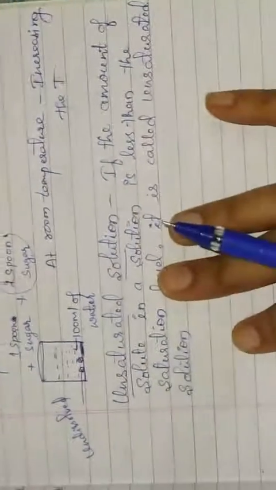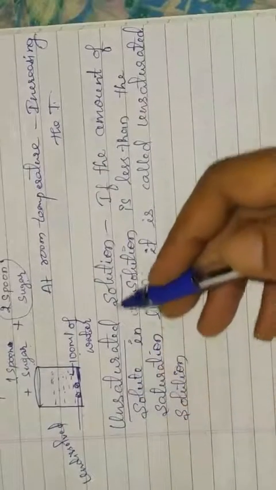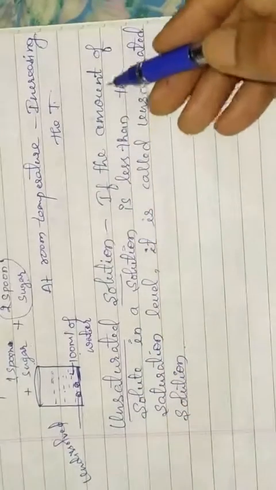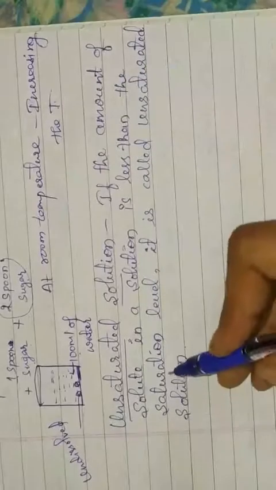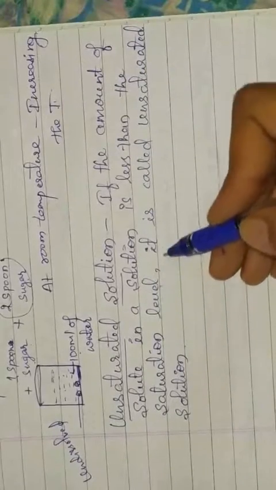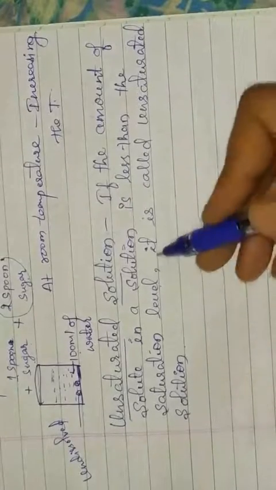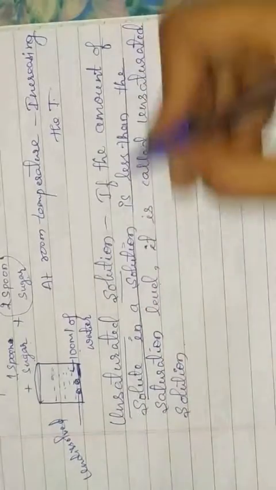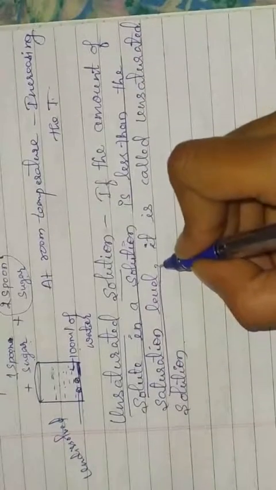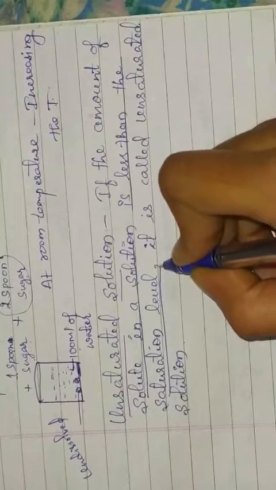We will see unsaturated solution. If the amount of solute in a solution is less than the saturation level, it is called an unsaturated solution.